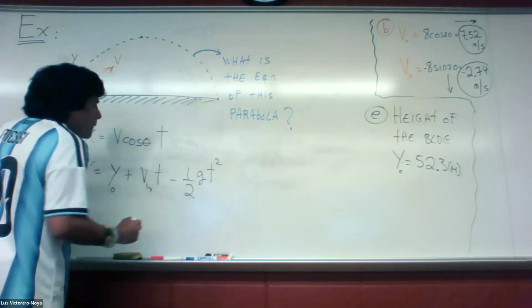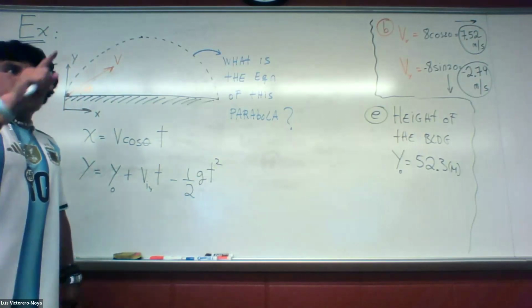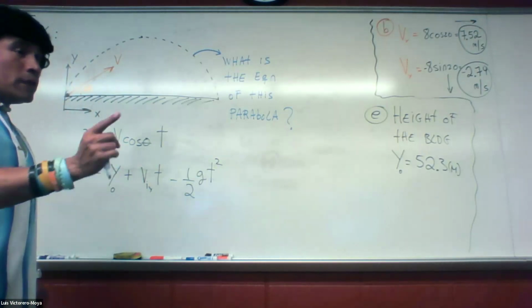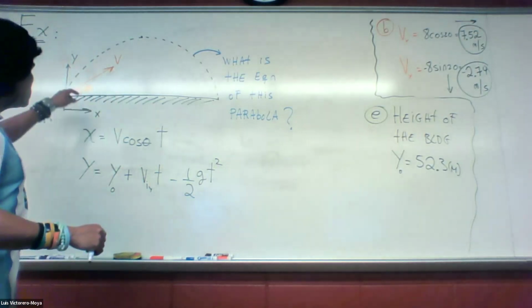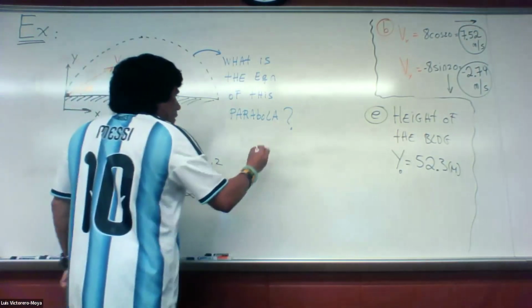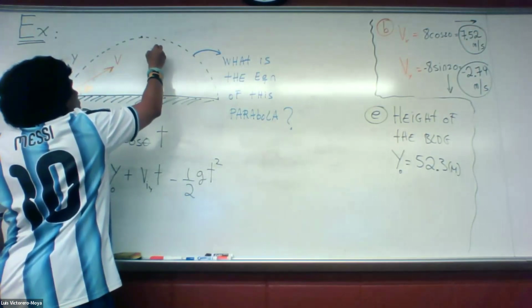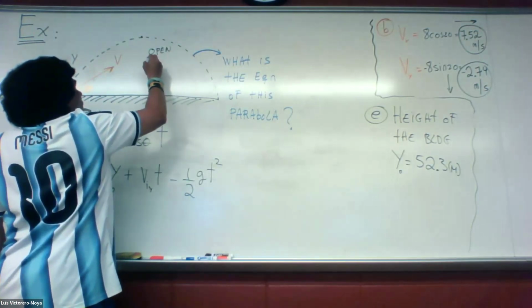Okay, so why am I going to use the minus in this case? This is going to help you for your lab that you did yesterday. You see, this is a parabola open down. The parabola opens down.